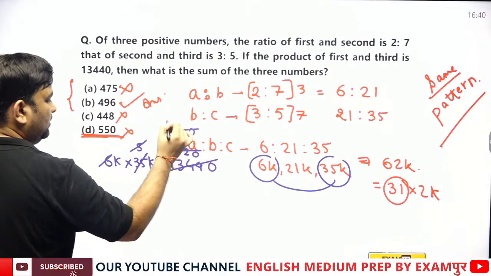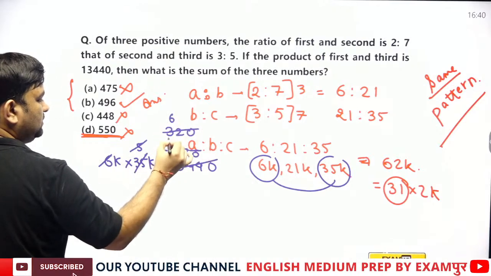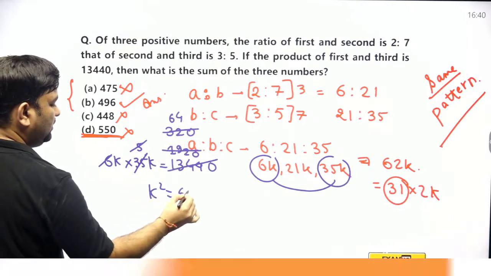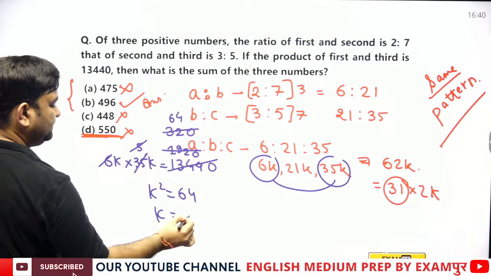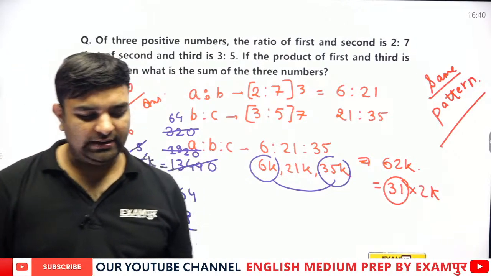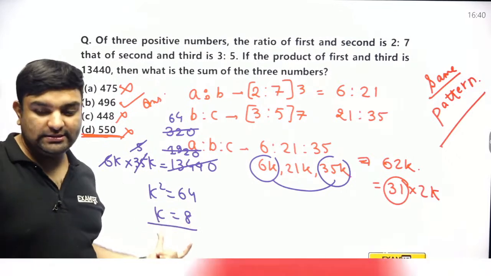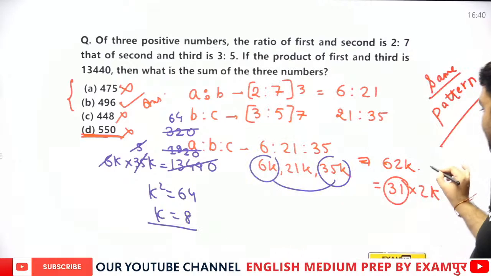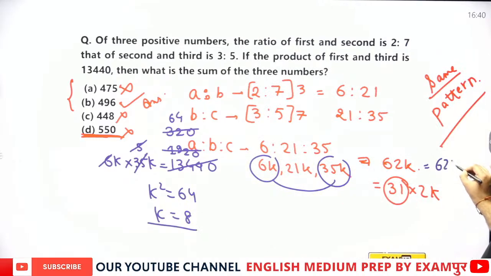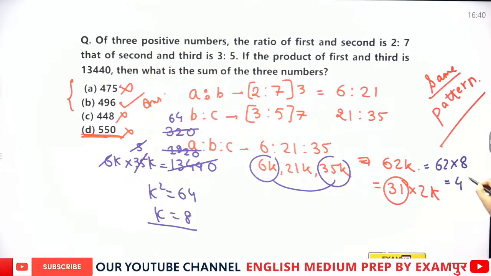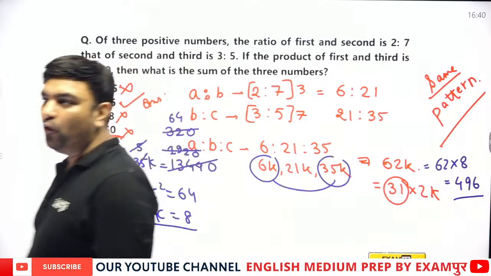Simplifying, k square 64, k is 8. So answer is 62 into k, which is 62 into 8, 496.